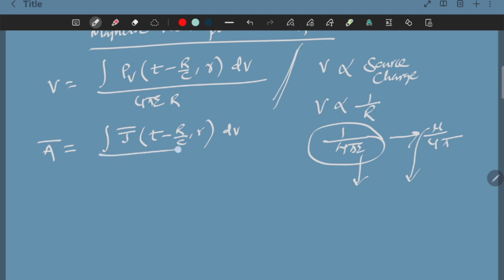Here dV by 4 pi, but mu will be coming in the numerator, and R. Like this we can write the expression for this particular A bar. So this is the expression for V and this is the expression for A bar, that is magnetic vector potential.